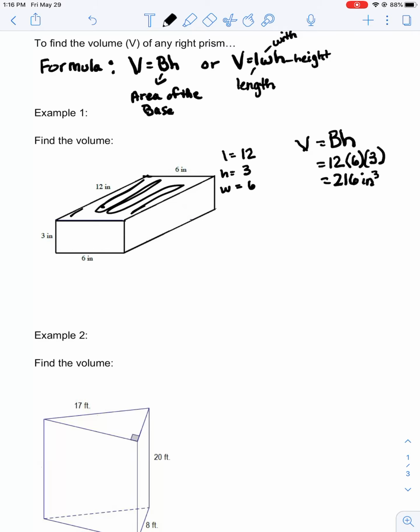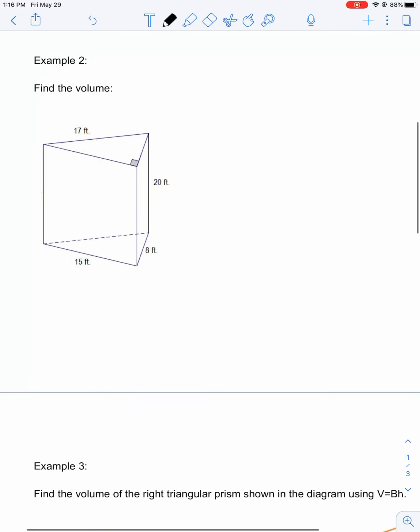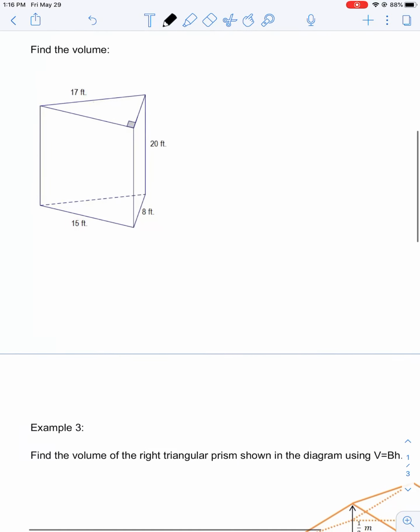So our next example, we have find the volume of a triangular prism. It's still the same formula, but our base here is a triangle, okay?